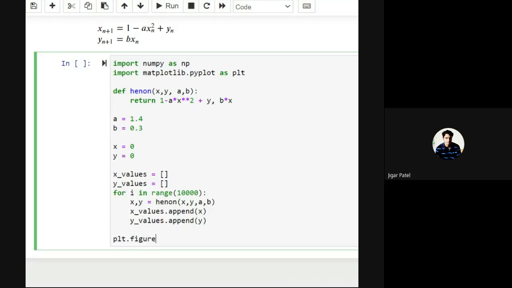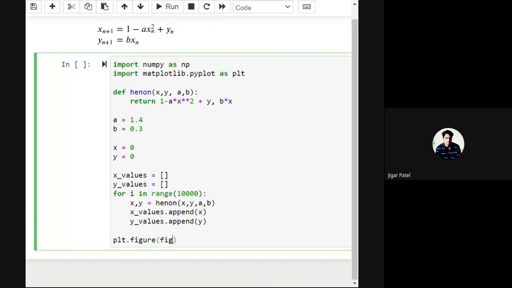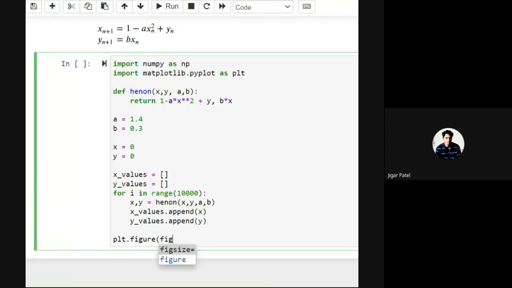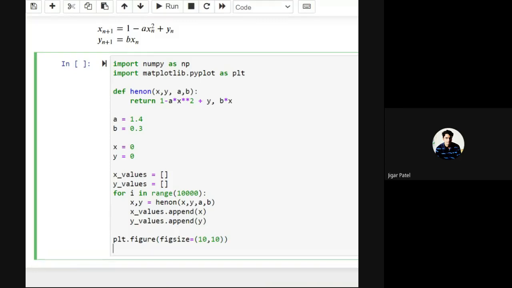So figure size, and say it is 10, 10, and then we scatter plot x values on x-axis and y values on y-axis.